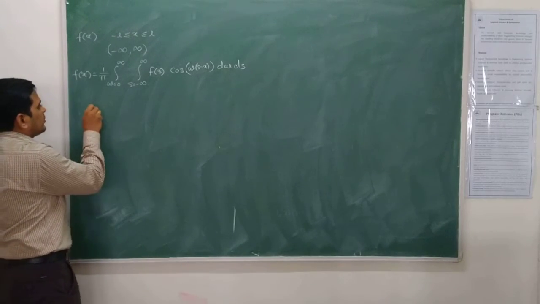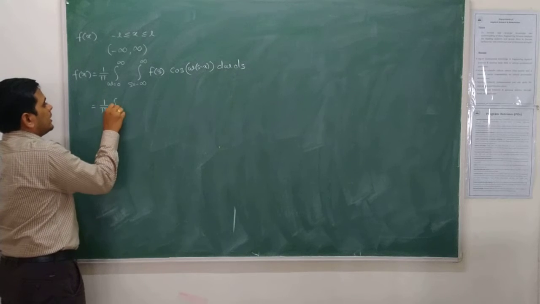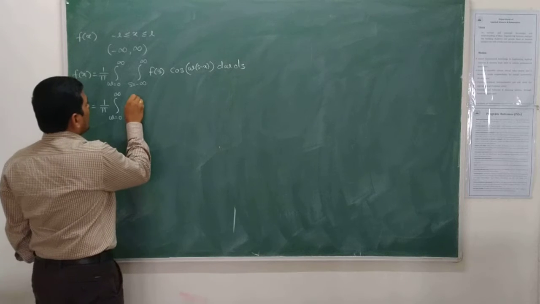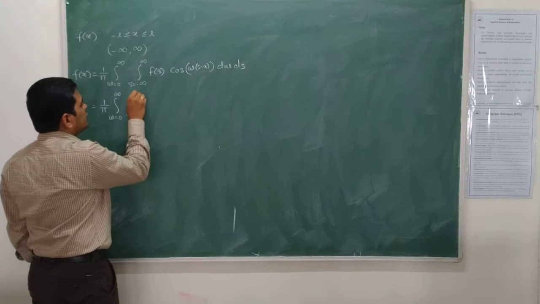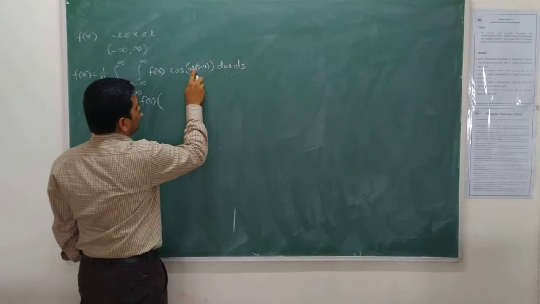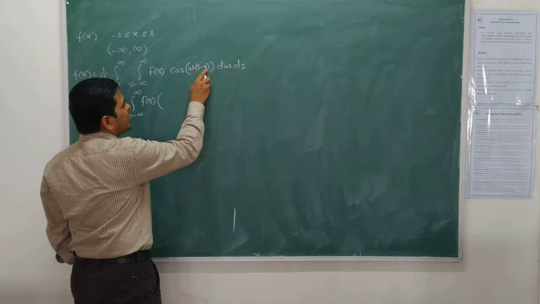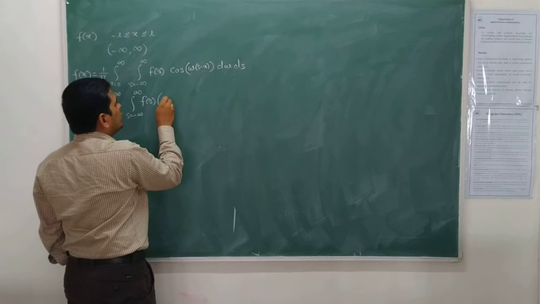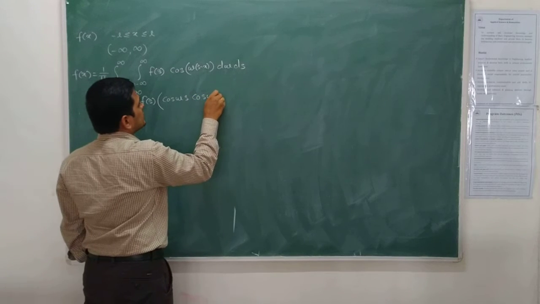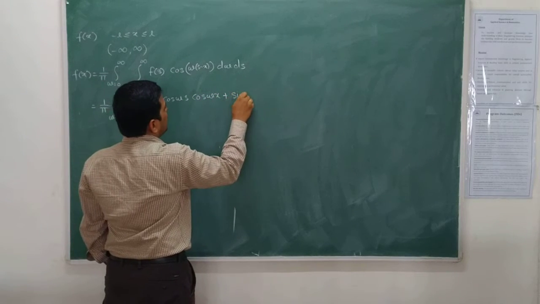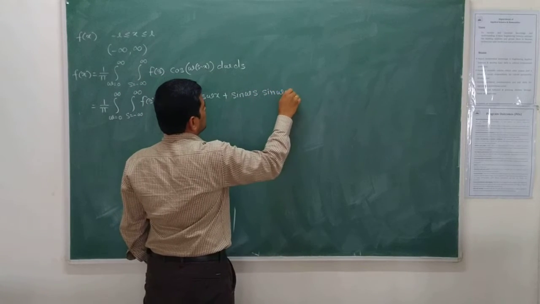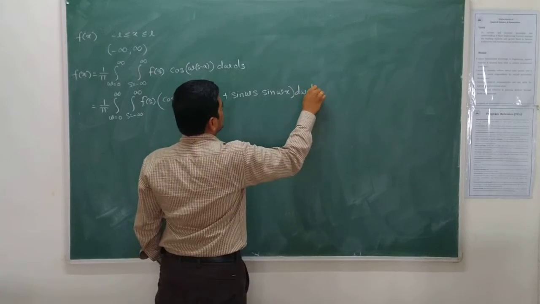Now this is nothing but 1 upon pi integration omega equal to 0 to infinity, s equal to minus infinity to plus infinity, f of s into the bracket cos(omega s minus omega x), that is cos(a minus b). One can write cos omega s cos omega x plus sin omega s sin omega x, d omega ds.